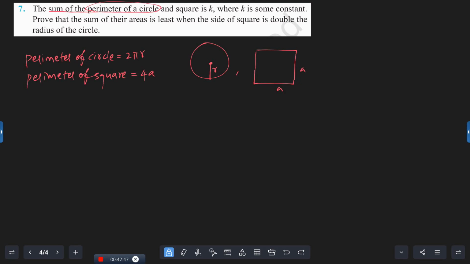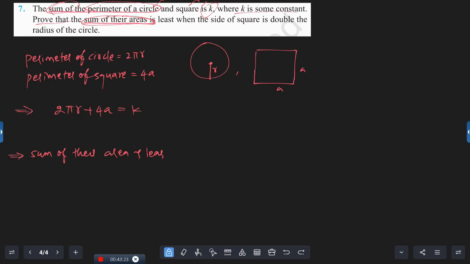Now what they said actually: the sum of the perimeter of the circle and the square is k. So the first condition, 2 pi r plus 4a, when you add, I am getting k, where k is a constant given by the question. And prove that the sum of their areas, what we have to prove, is least.